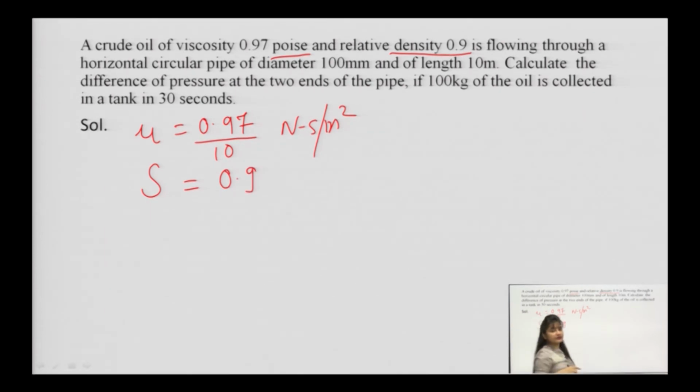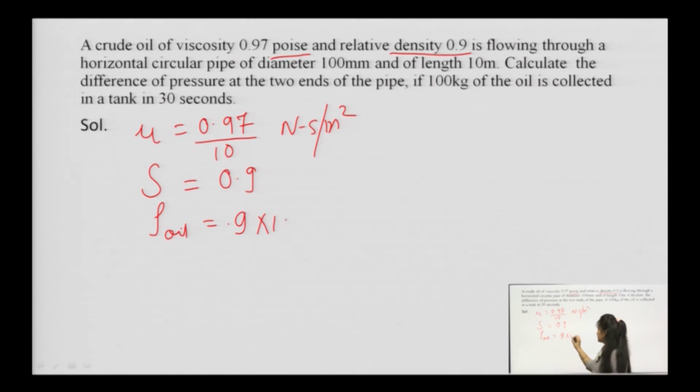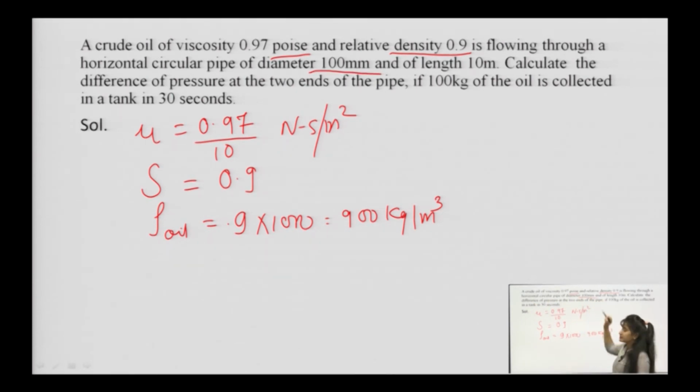With the help of specific gravity, you can calculate the density of crude oil by multiplying with the standard fluid, water, 1000, and hence it will be 900 kg per meter cube. Then it is moving through a horizontal pipe of diameter 100 mm. Converting into the standard value, diameter will be 0.1 meters, and length L is given as 10 meters.